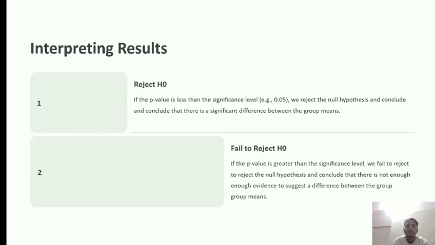Reject H0: if the p-value is less than the significance level, for example 0.05, we reject the null hypothesis and conclude that there is a significant difference between the group means. Fail to reject H0: if the p-value is greater than the significance level, we fail to reject the null hypothesis and conclude that there is not enough evidence to suggest a difference between the group means.